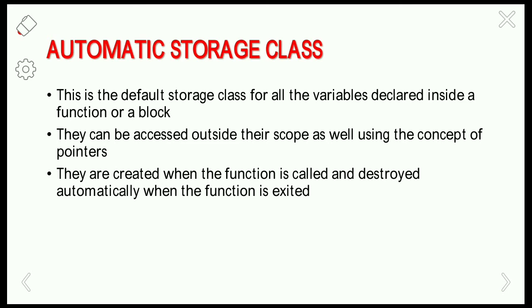They are created when the function is called and destroyed automatically when the function is exited. The automatic storage class allocates the memory for the variable when the function is called, and it destroys the memory of the variable automatically when the function is exited.